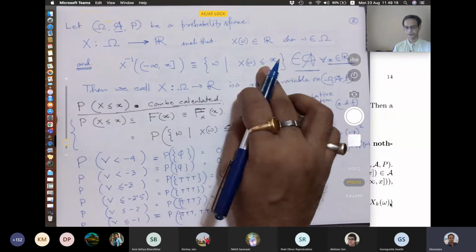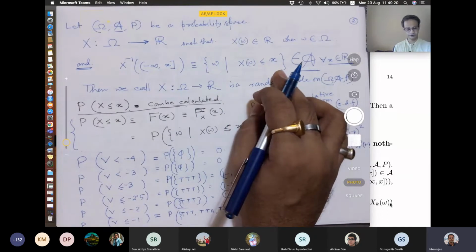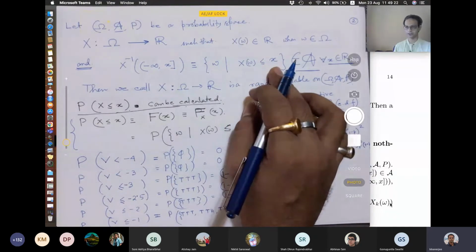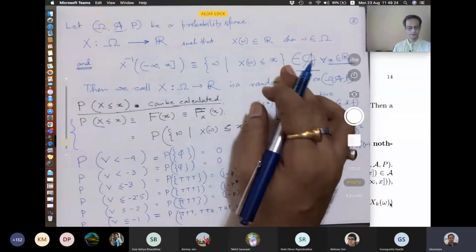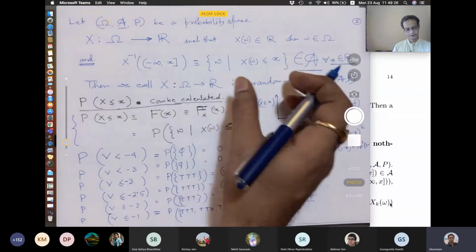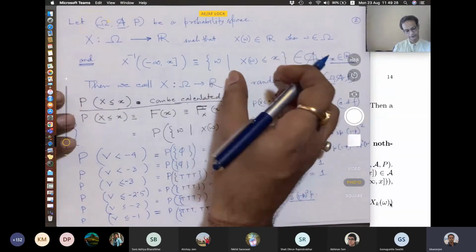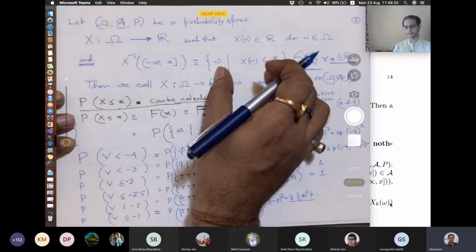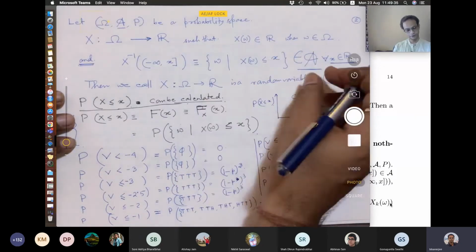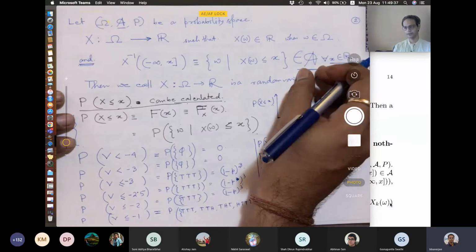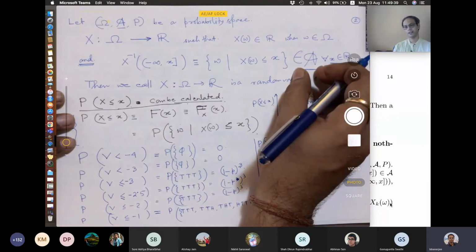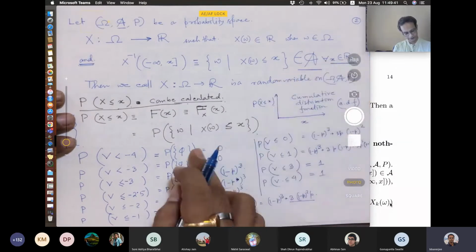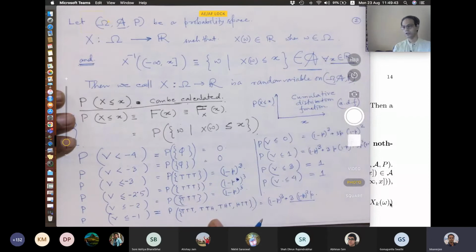Constructing more complicated examples, I am not going for that. But the point is, if I have such a collection of omega, and that collection doesn't belong to the sigma field, then there will be a problem. Usually for finite or countable cases, there is no problem.